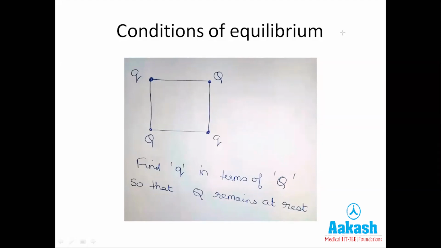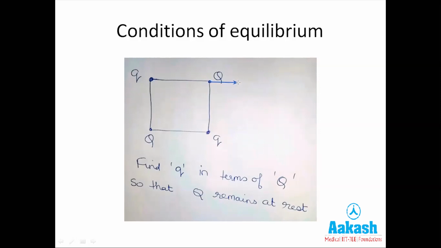So in such type of problems, if we don't know the sign, we take all the charges as positive. If some charge is negative, it will itself get reflected in the answer. On this capital Q, the small q exerts a repulsive force.